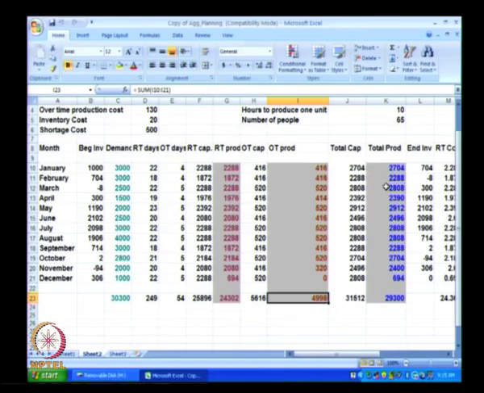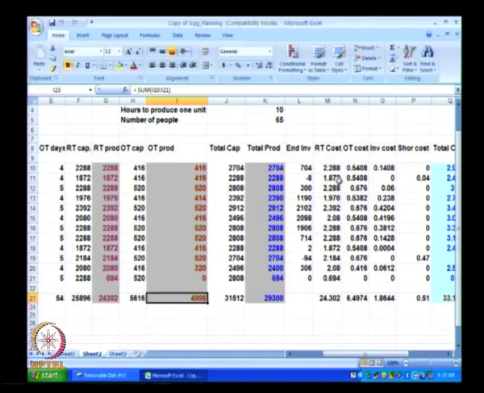Now the ending inventory will be beginning inventory 704 plus 2288 minus 3000, which is minus 8. So for the month of February, regular time cost is 1.872 lakhs, which is 1872 units into 100 rupees.